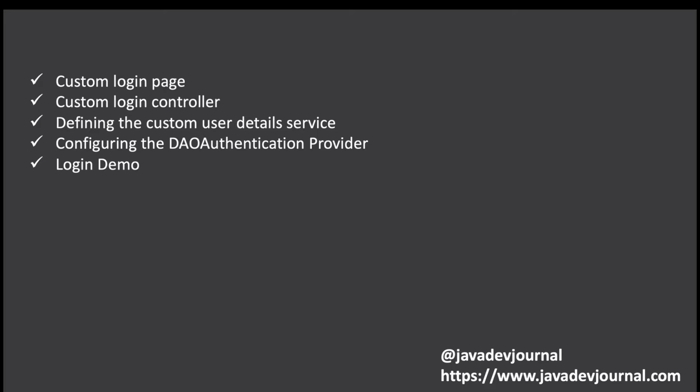In order to do that, Spring Security provides a UserDetailsService interface, which has one method we can use to load the information and pass it to Spring Security. So we are going to create a custom UserDetailsService. At the end of it, we are going to see an end-to-end demo for our application.